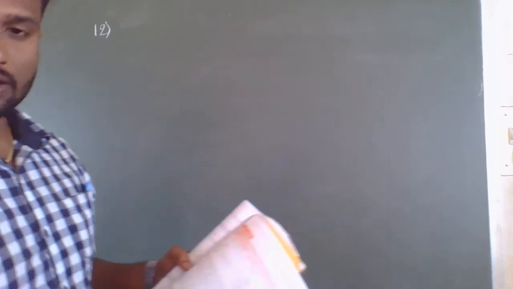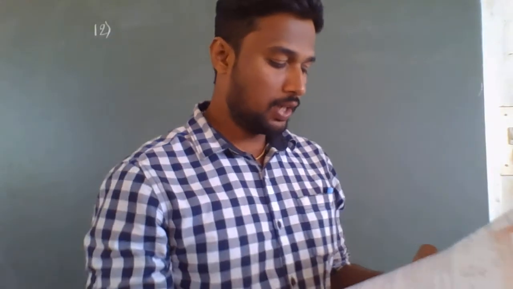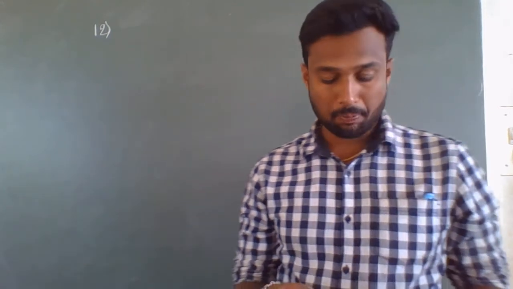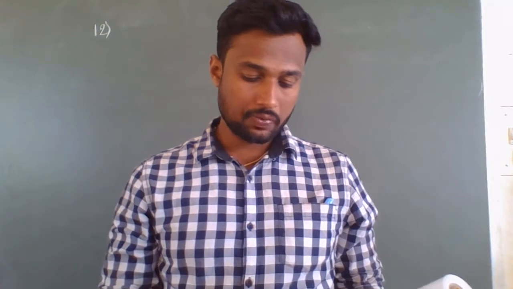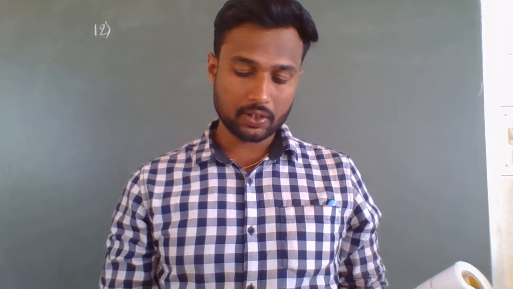Example 12. In this example, they have given: find the least number that must be added to 1300 so as to get a perfect square. Also find the square root of the perfect square.